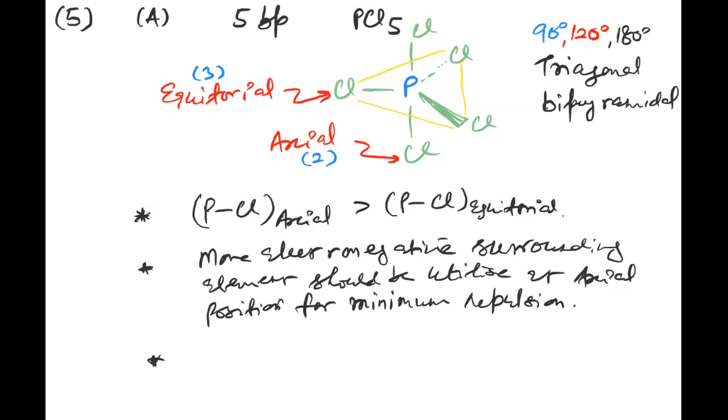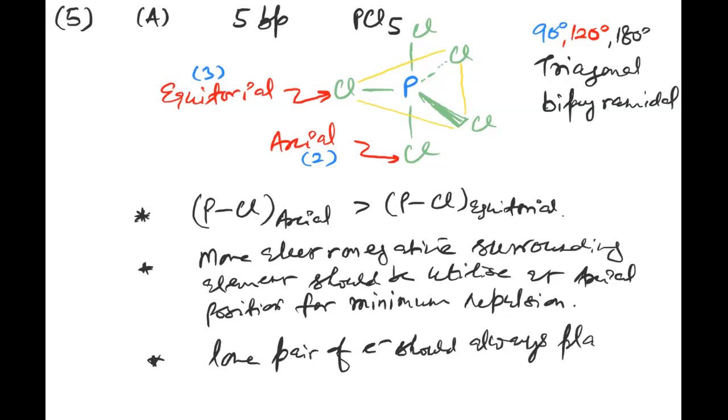And lone pair of electron should always be placed at equatorial position in trigonal bipyramidal geometry.